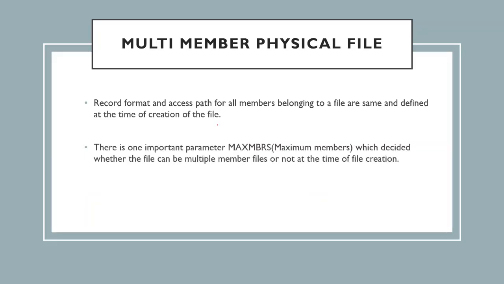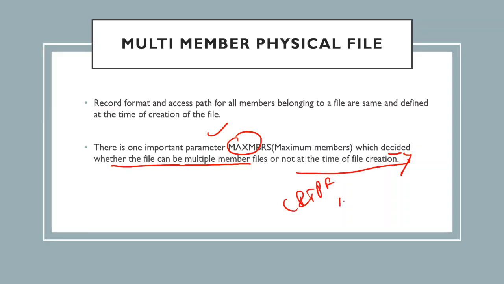These are some bullet points. There is one important parameter called MAXMBRS, which decides at the time of file creation whether the file can be a multi-member file or not. With CRTPF you can see the MAXMBRS parameter. If you mention a member count of 10, 12, or anything greater than one, it will be called a multi-member physical file.